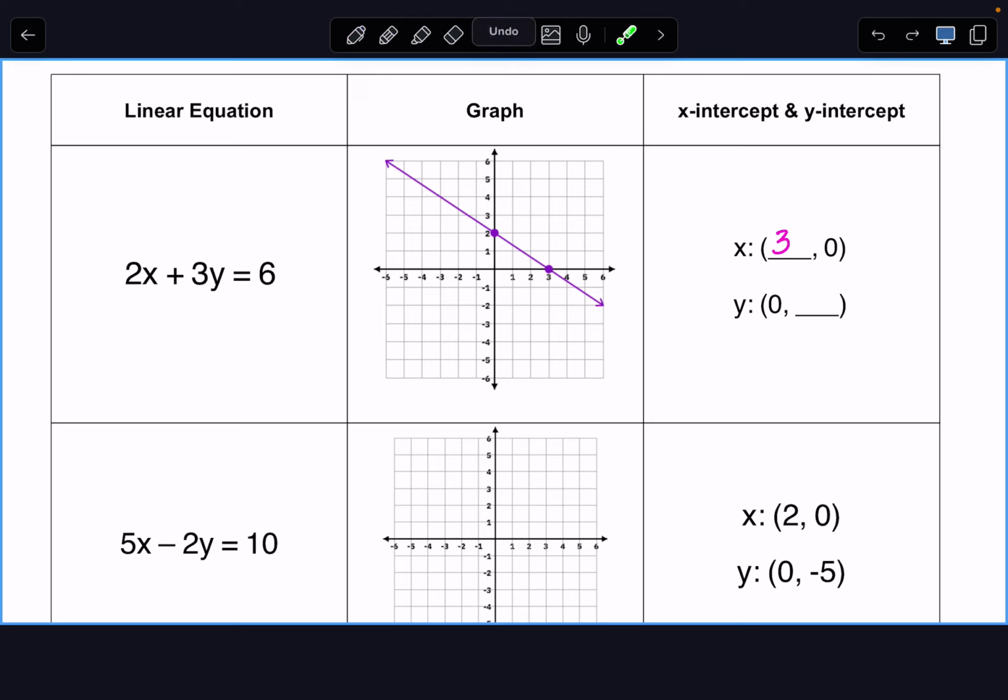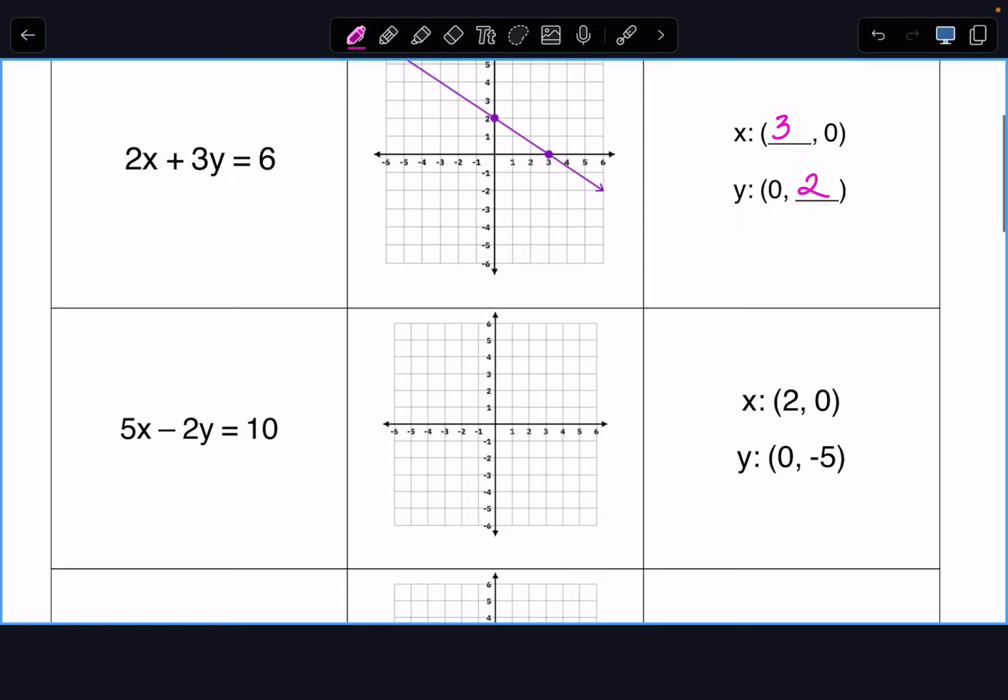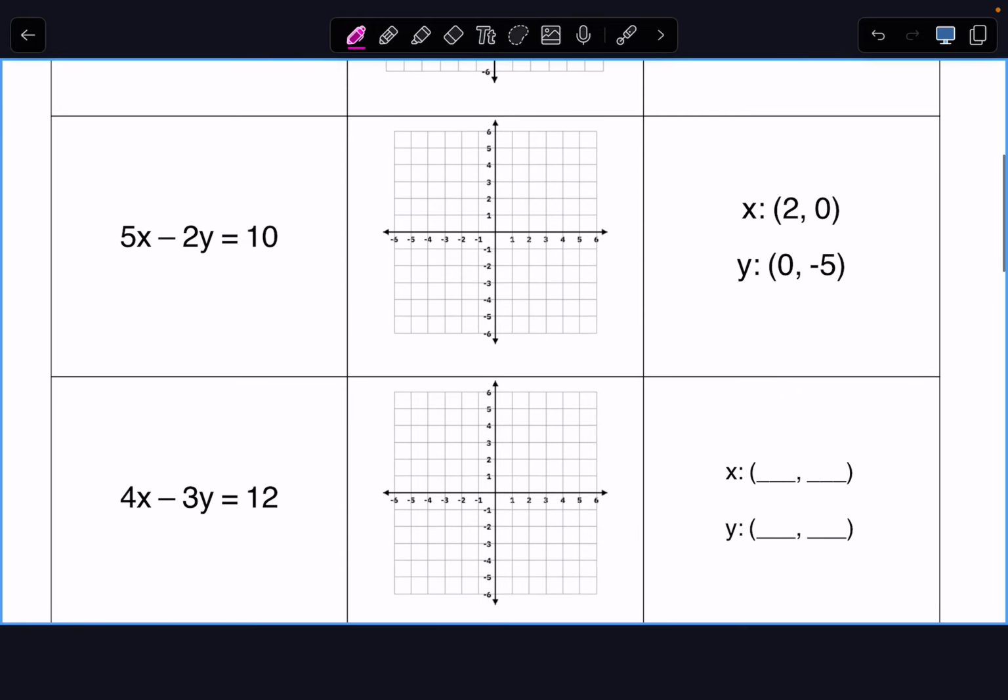We know that this is the coordinate (3, 0), and this is the coordinate (0, 2). For this one, people plotted (2, 0) and (0, -5), and they tried to draw a straight line, and some people giggled because they couldn't draw a straight line, but it's okay.